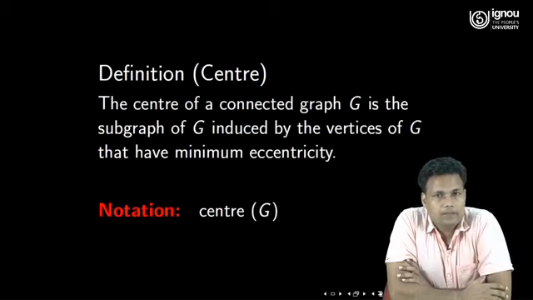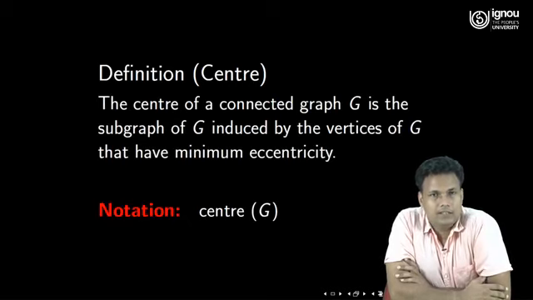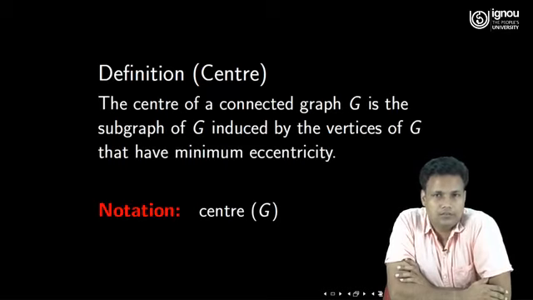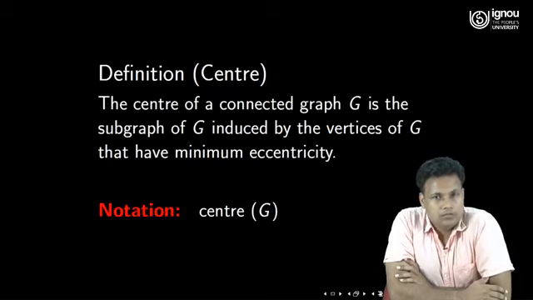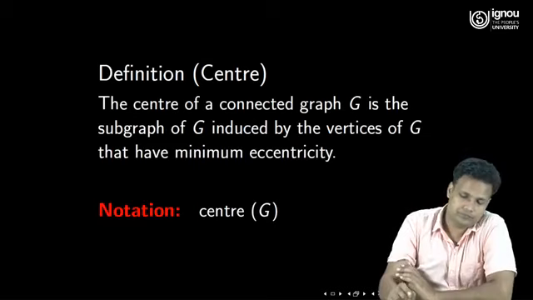Now eccentricity gives us the concept of center. The center of a connected graph G is the subgraph of G induced by the vertices of G that have minimum eccentricity, and we shall use center(G) to denote the center of G. So center(G) contains all those vertices which have minimum eccentricity.